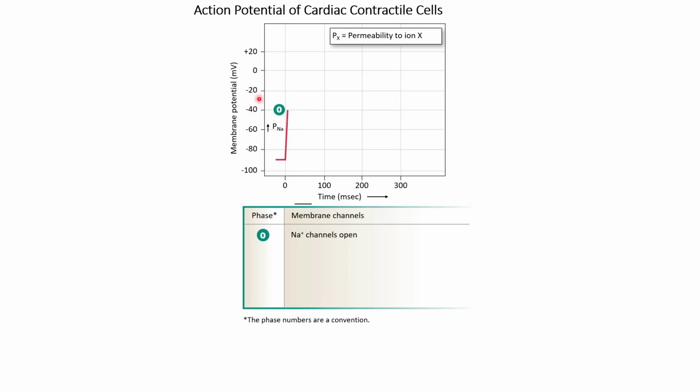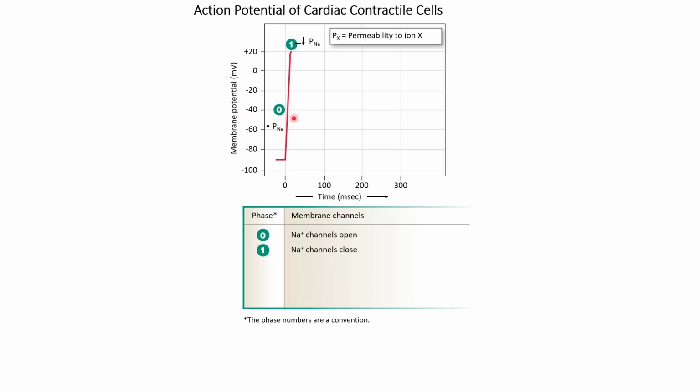So when we hit that negative 40, we're going to start opening those sodium channels, and sodium is going to rush into the cell. Remember, this is the action potential that's propagating along the membrane. This has nothing to do with the contraction. This is just the action potential that's going to open our calcium gates.